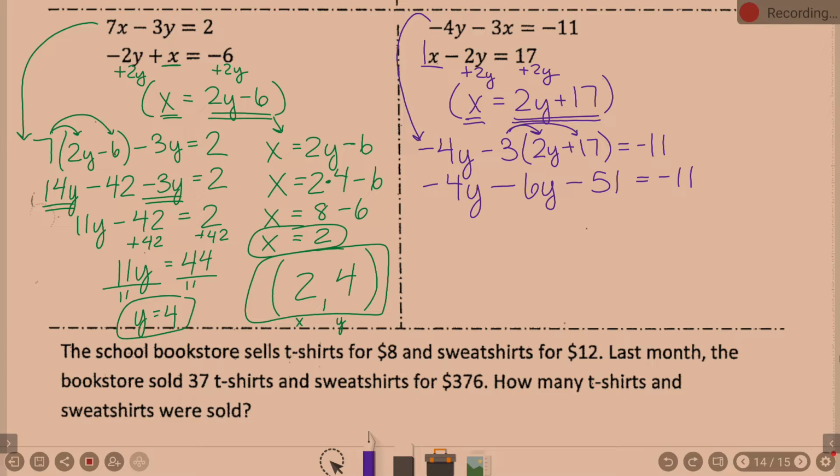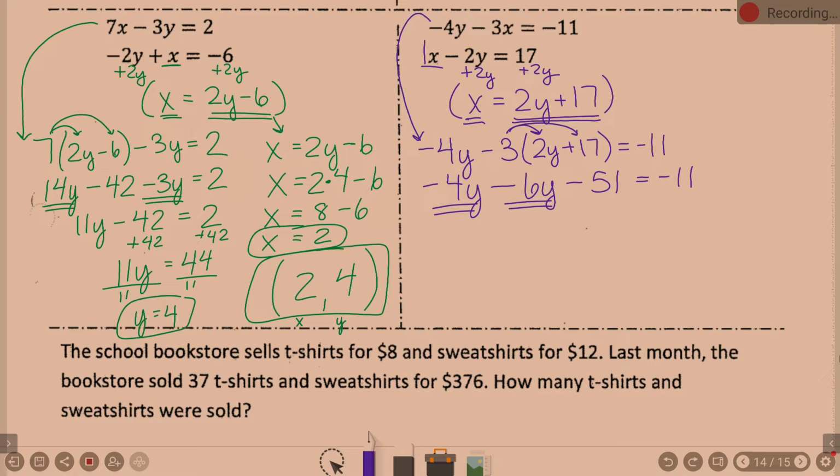Okay, now on the left side, what can I do? You add, then you multiply, then you divide. Quit throwing things out if you don't know. The 4y and the 6y, they're like terms.